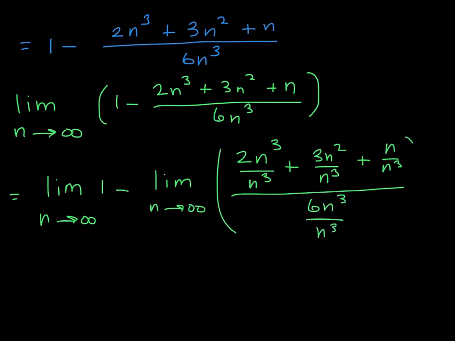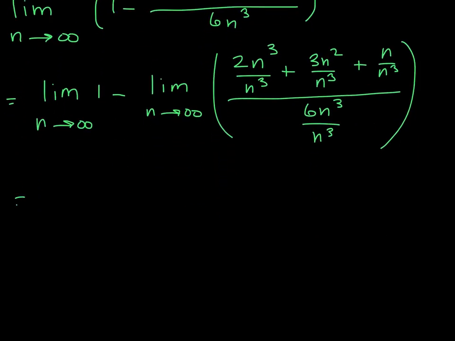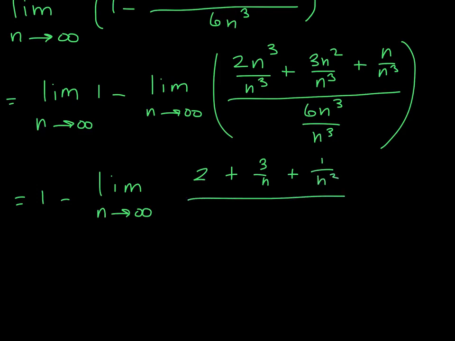Let's put all of that in parentheses. Okay, cool. So then this is 1 minus the limit as n approaches infinity of 2 plus 3 over n plus 1 over n squared, all over 6.